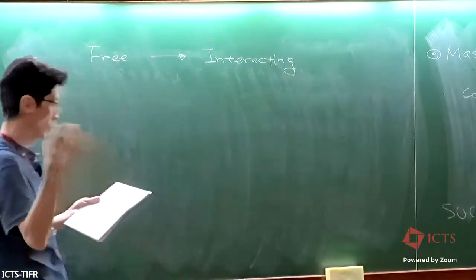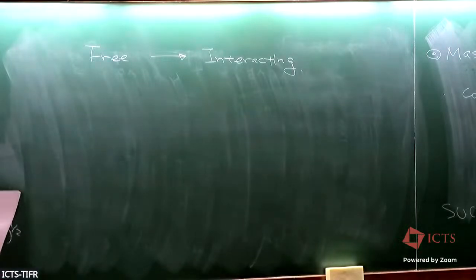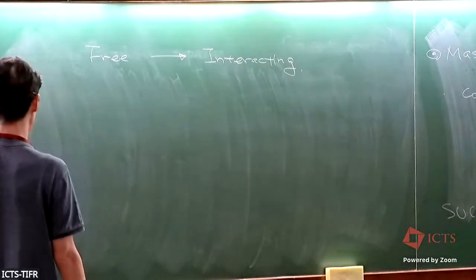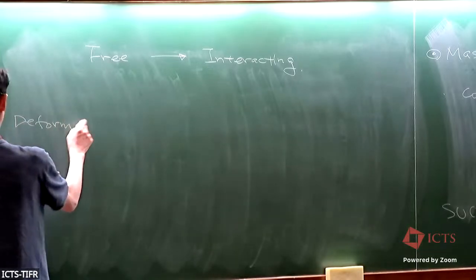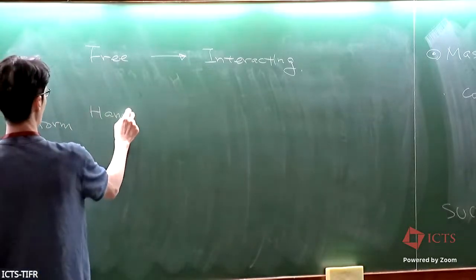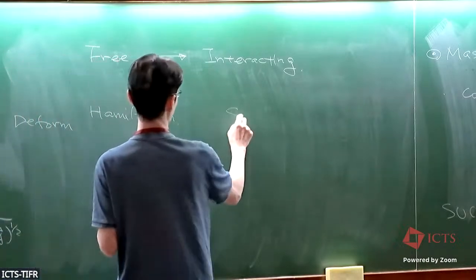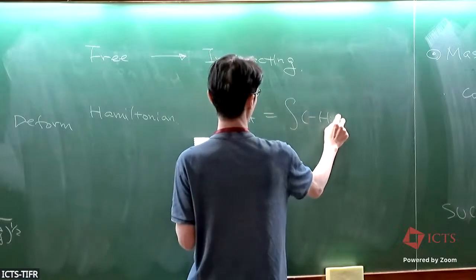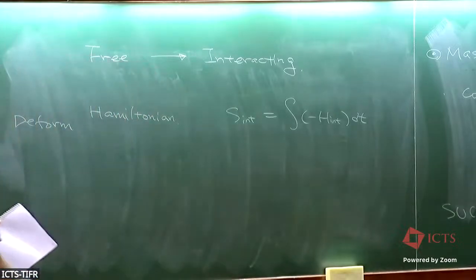Well, you turn on some coupling term in your worldline action. But if you look at it a little more carefully, there are two slightly different approaches. You can either deform your Hamiltonian so that the action takes an extra term that looks like this.